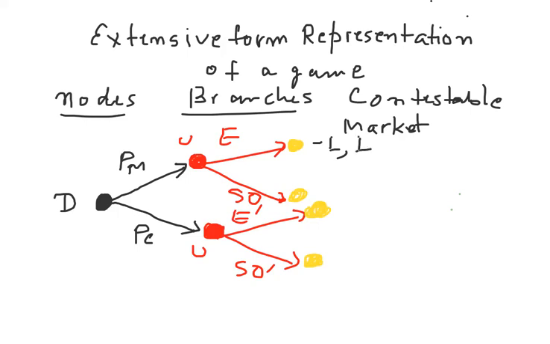And if Delta charges monopoly fare and United decides to stay out, then Delta is going to make a monopoly profit of $2 million, and we'll assume that United is breaking even.